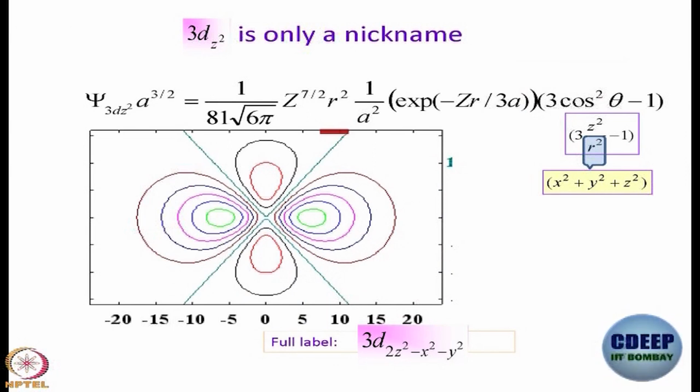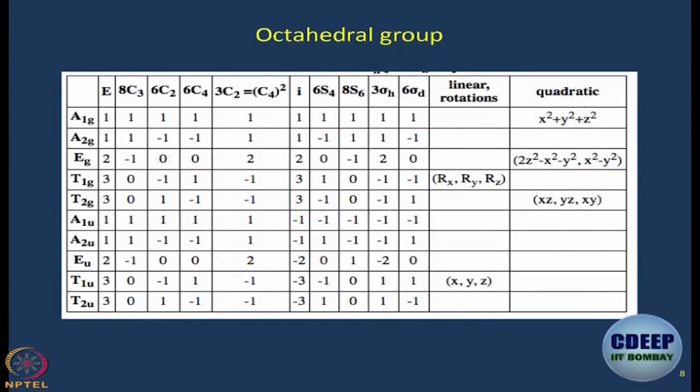Now, in different point groups you use either z square or 2z square minus x square minus y square. Now, let us look at the character table for the octahedral group. Remember what we have learnt here, that symmetry and degeneracy go hand in hand.